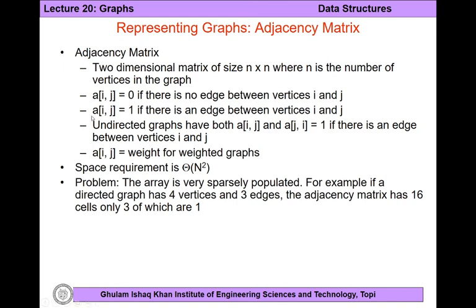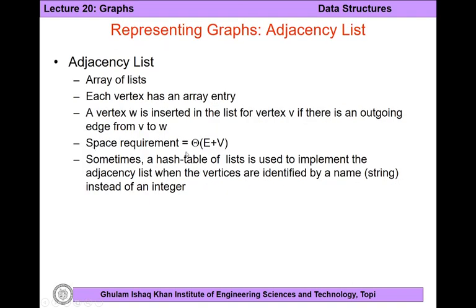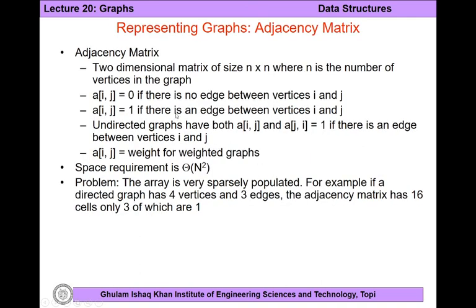Otherwise, if there is an edge between node i and j, a value of 1 is placed there, right. And the space complexity of the adjacency matrix, as I told you earlier, is order of n square. And the adjacency list I already explained, and its space complexity is order of V plus E. But the adjacency matrix has its own advantages and disadvantages.